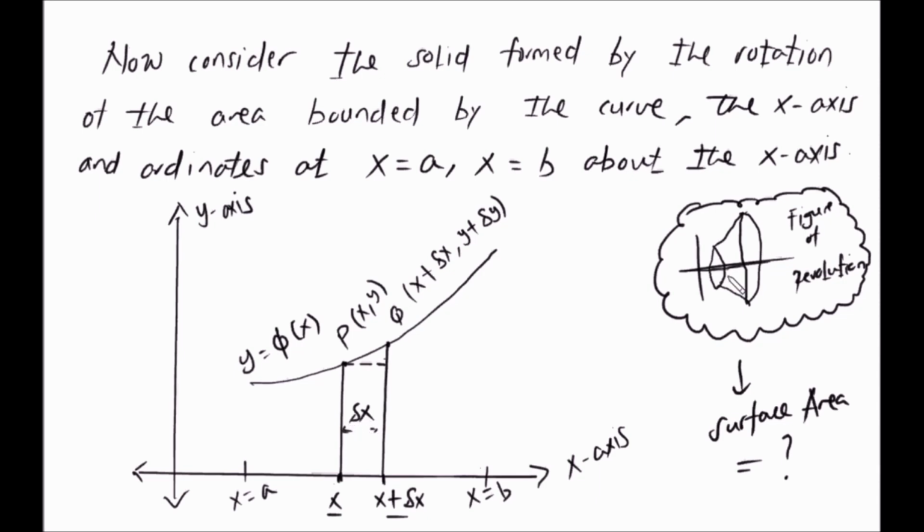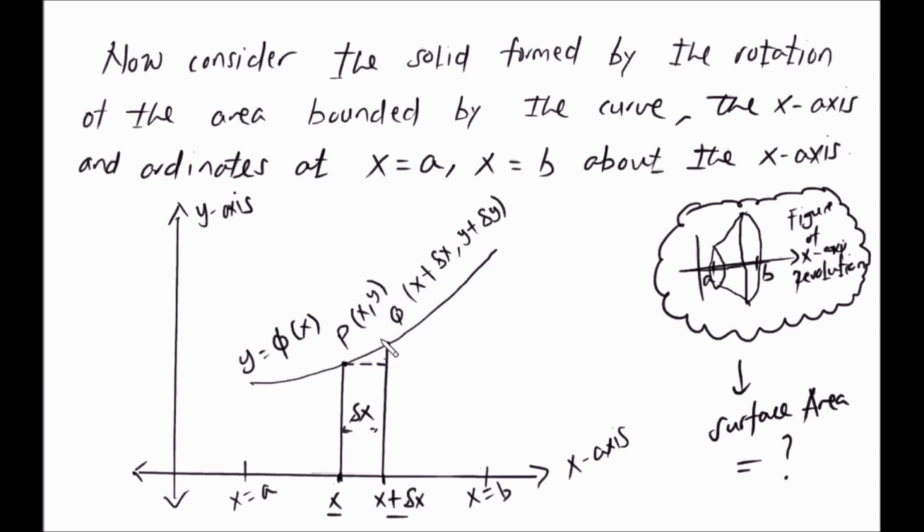Sasa hapa kwenye hiki kimchoro changu kidogo nimesema is when this curve from x equals to a mpaka x equals to b is rotated about the x axis. Sasa tuchukulie hiki kisehemu tu p mpaka q ndo kiko rotated about the x axis, sio curve mzima.